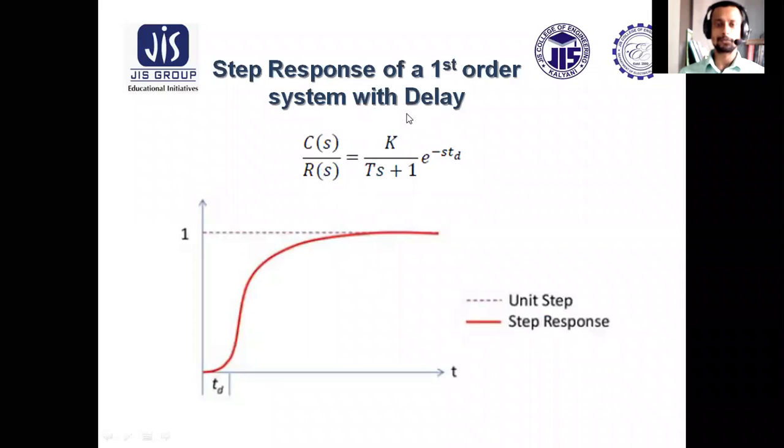Now, this is the system response if a delay is introduced to the system. Delay means nothing but, as you all know, this is the waveform for u(t). Now what should be the waveform for a delayed unit step function? It is very well known to you all.